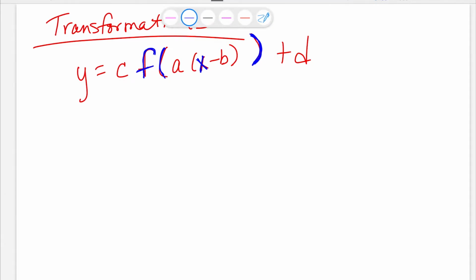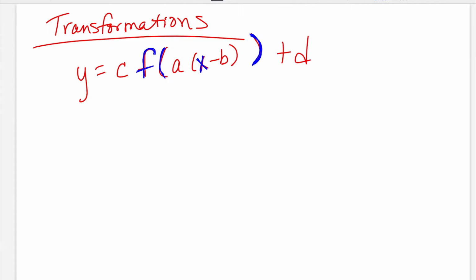Vertical is always outside of my function. So outside of that f of x part, that's all vertical. Inside those parentheses at f of x, that's horizontal.